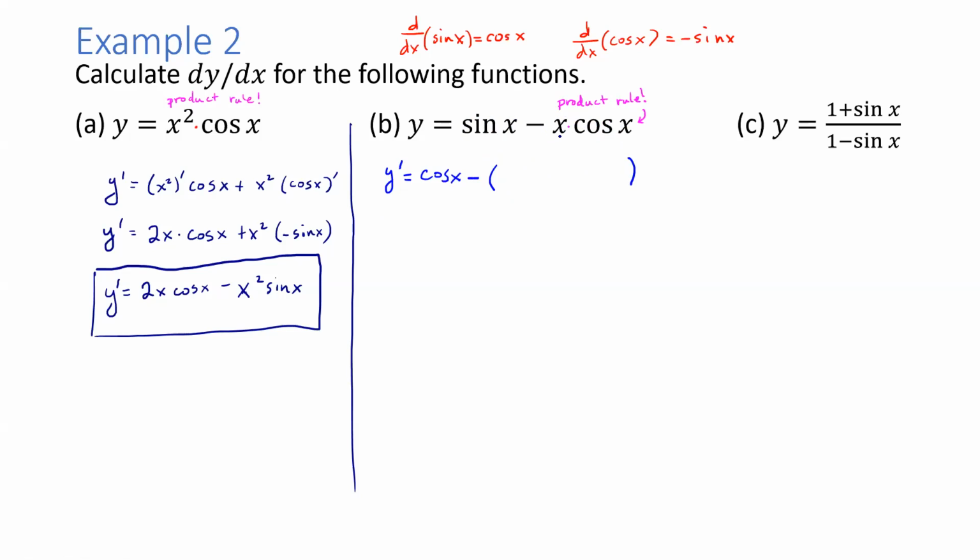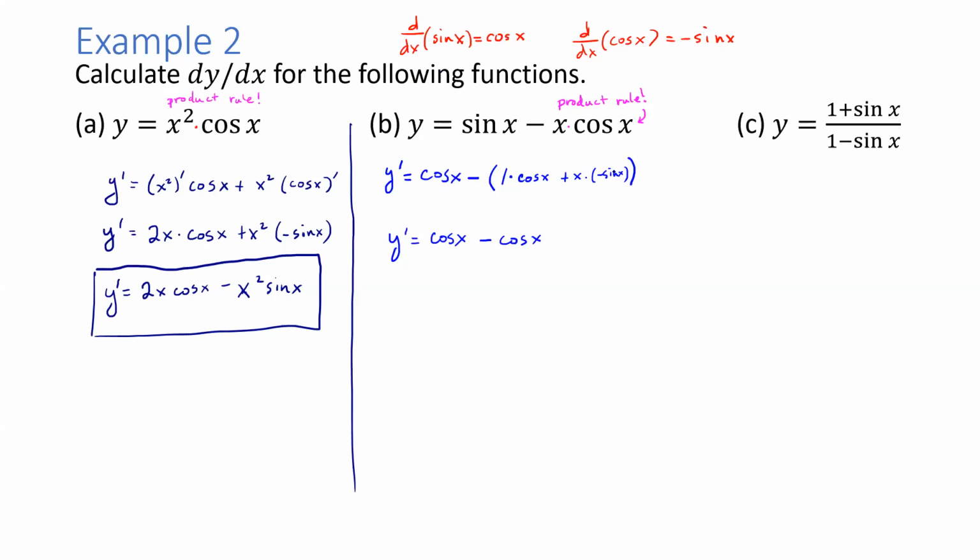And let's see, so the derivative of x is 1 times cosine x without taking a derivative, plus x times the derivative of cosine x, which is negative sine x. So here, let's clean this up a little bit. So I've got cosine x, then here minus 1 times cosine x, so again minus cosine x.